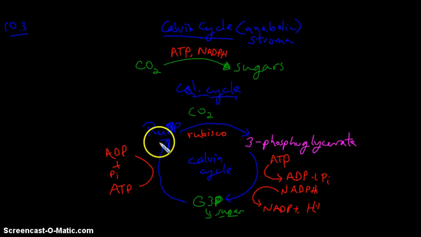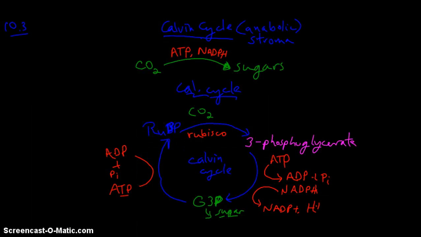So if we think about it here, RUBP is combined with carbon dioxide using rubisco to form this molecule. This molecule then undergoes a series of reactions using energy and electrons from ATP and NADPH to form G3P, which will get spit out and converted into a sugar. Now the remaining carbon-based molecules are then rearranged using ATP yet again to form that original carbon acceptor, RUBP.